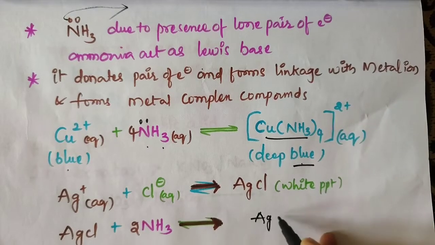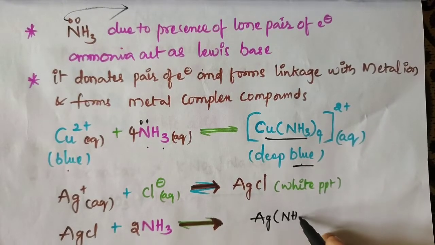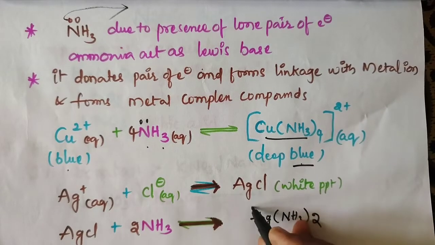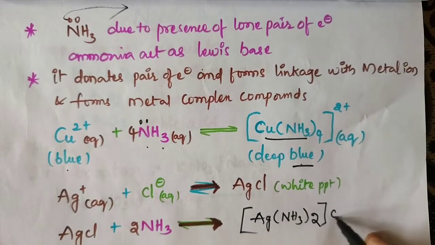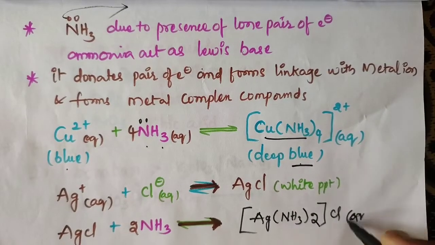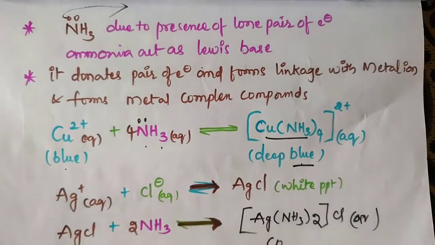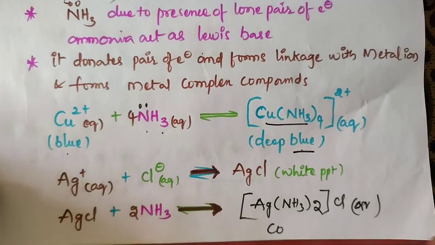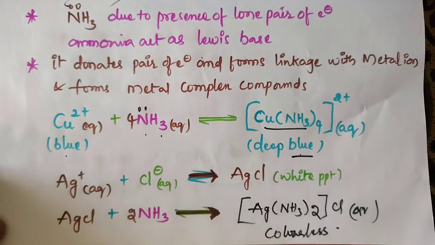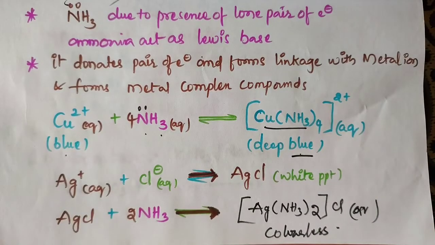What is that complex? [Ag(NH3)2]Cl. So it is a colorless complex. By using ammonia, metal ions are going to be detected.